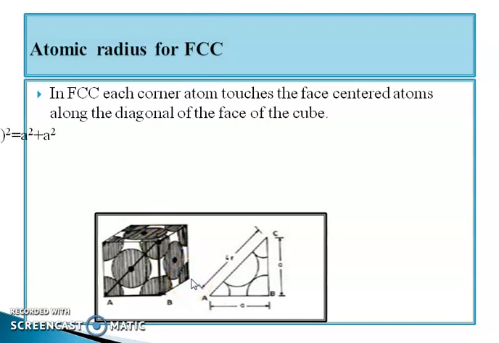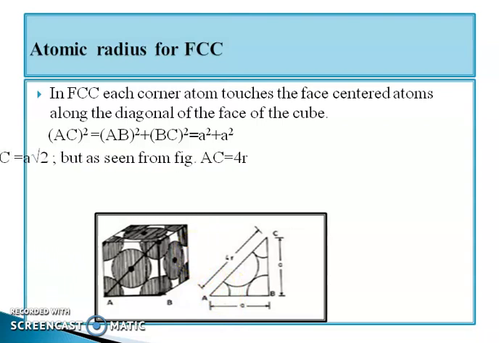So, from figure, AC square is equal to AB square plus BC square, where AB and BC are the edge length. Therefore, AC square is equal to A square plus A square.